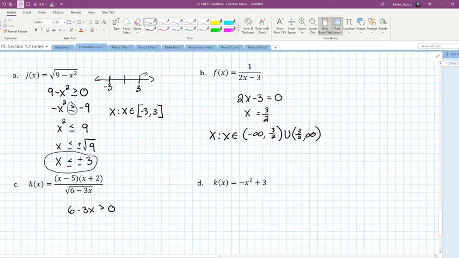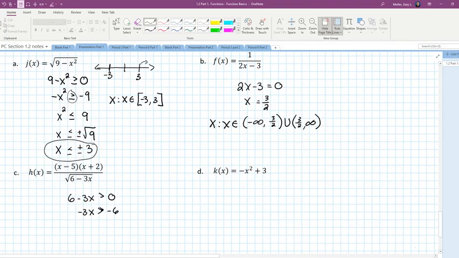So I'm going to subtract 6. And I get -6. And I'm going to divide. And again, I'm dividing by a negative, which flips the inequality. And I get x is less than 2.